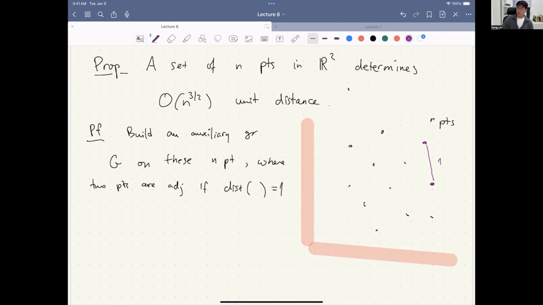The key observation, so to give an upper bound on the number of pairs at unit distance apart is basically to give an upper bound on the number of edges. So we need to upper bound E of G. The idea is that this graph G is K2,3 free.